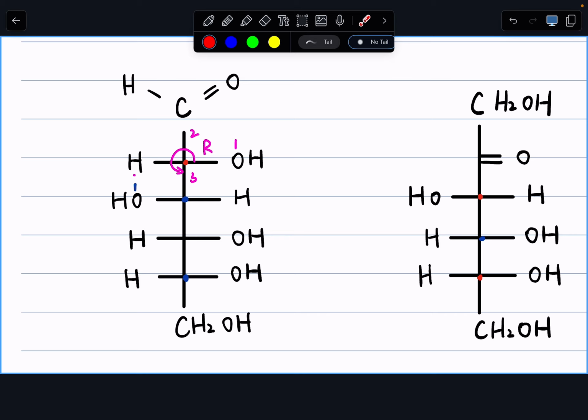But if we go one more, then you get the two oxygen again. This one is one oxygen, one carbon. So the top one will have higher priority than the bottom one. So it's clockwise, but my hydrogen is on the horizontal, so this must be S.